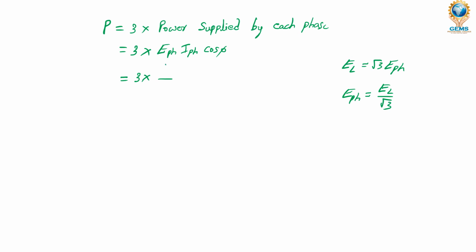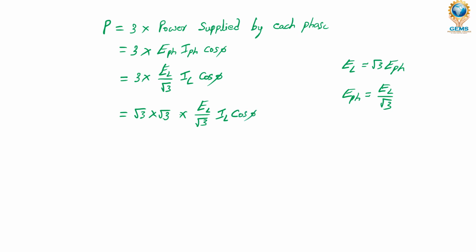E phase equals EL by root 3, I phase equals I line, into cos phi. Here how can we write 3? We can write 3 as root 3 into root 3, into EL by root 3 into IL cos phi.